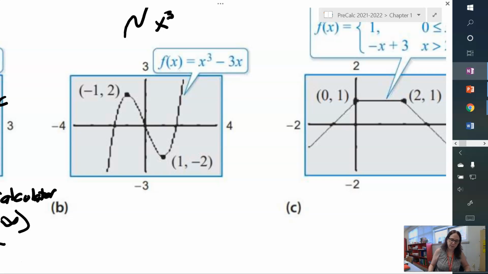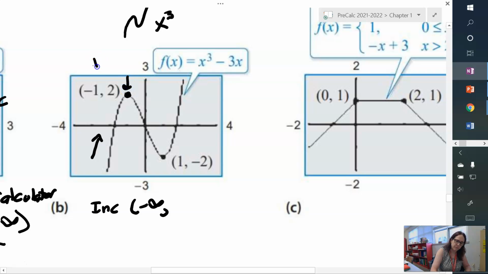Now what we're looking for is places where it goes up. Well, this graph is going up, or increasing, from negative infinity to, right here it stops increasing. It's going to turn around. So when we get to x equals -1, that's as far as that increasing function goes.